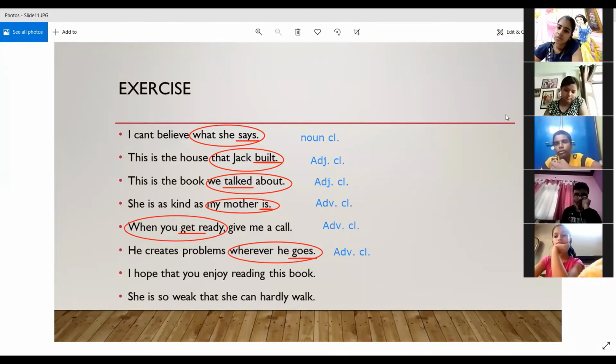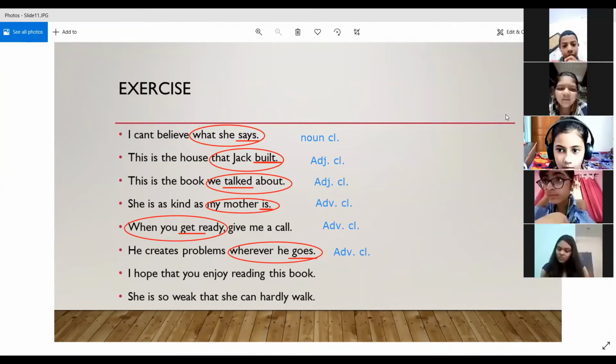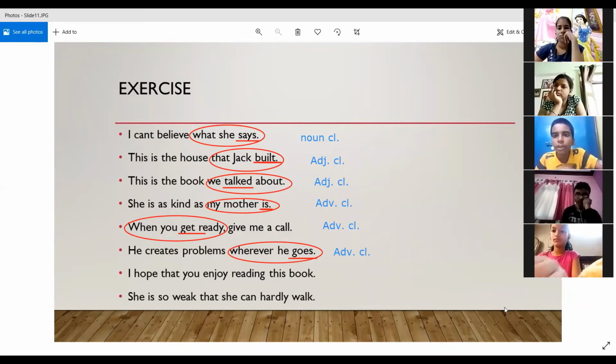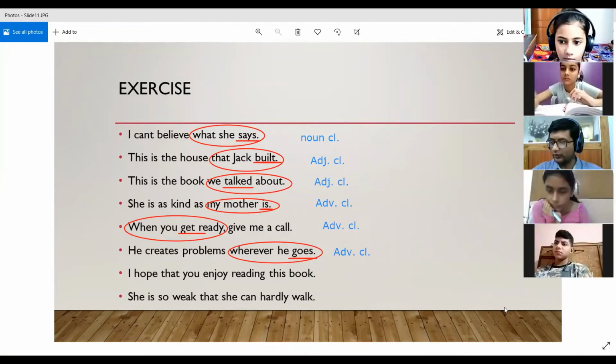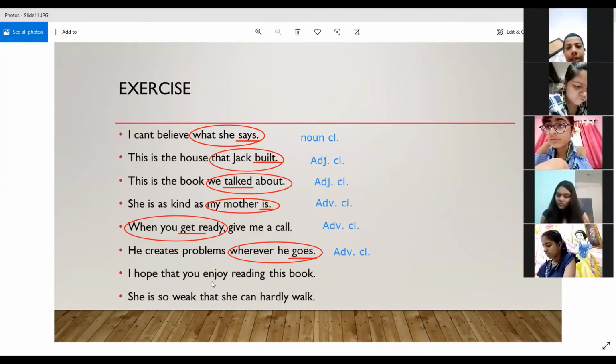All right, Anubhav. In this sentence, the clause will be that you enjoy reading this book. Tell me what kind of clause it is. It is a noun clause. Why?